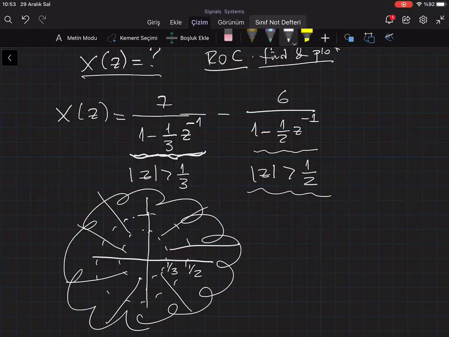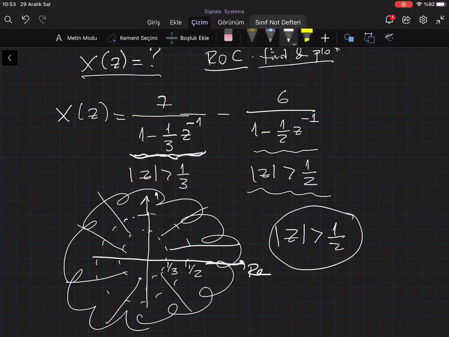So the intersection of these two will be what? Z being greater than 1 over 2, right? So arkadaşlar, this is my ROC. This is my plot, okay? This is the real part.